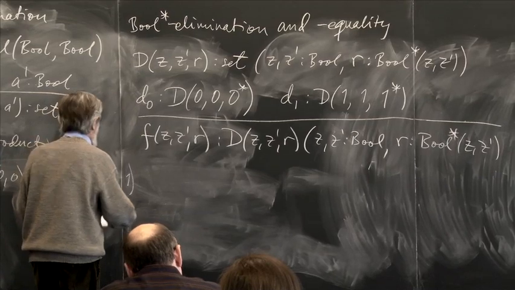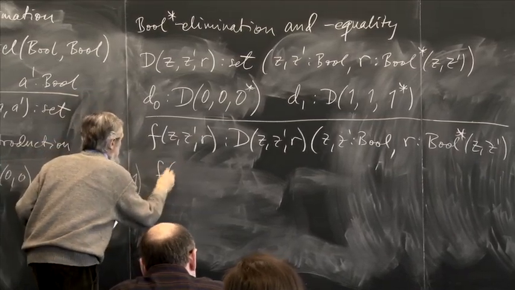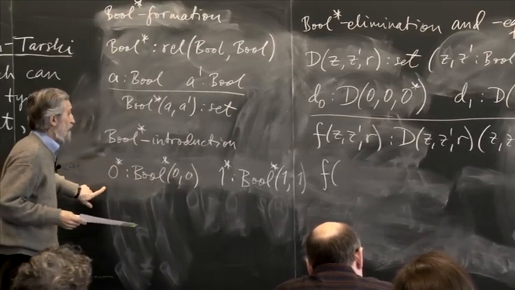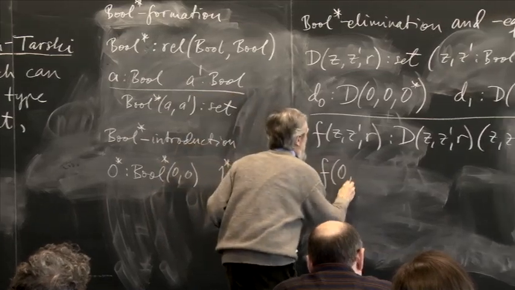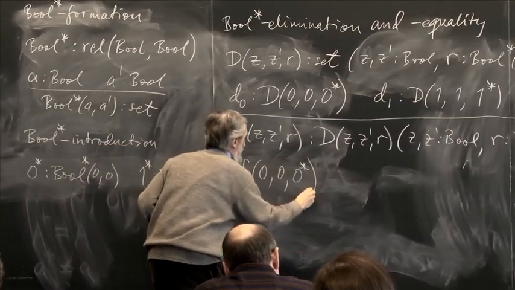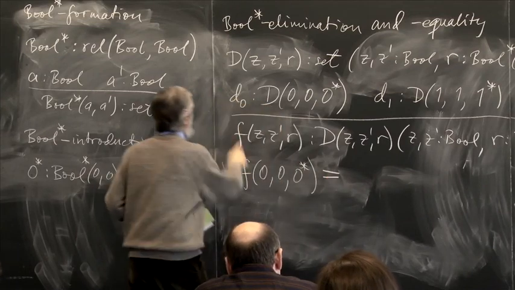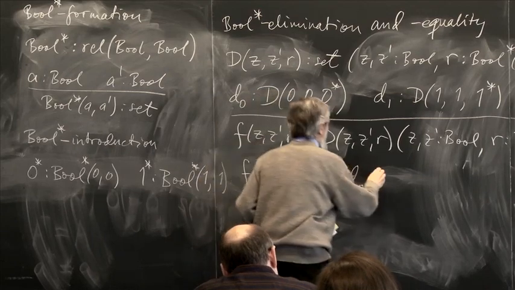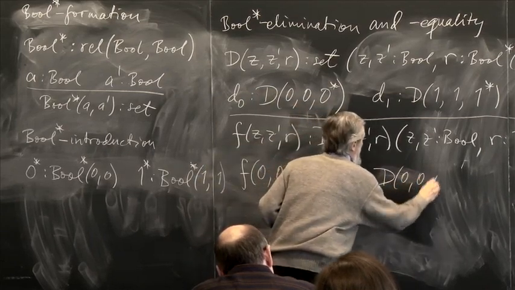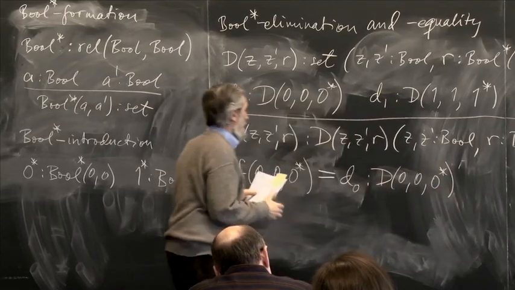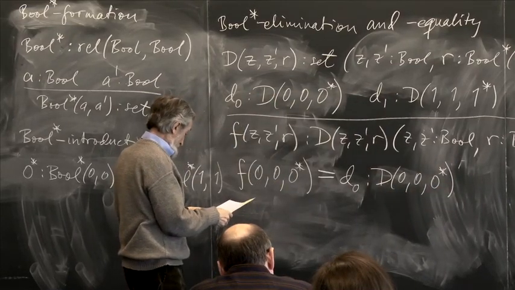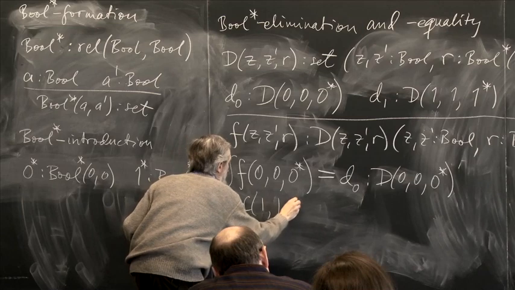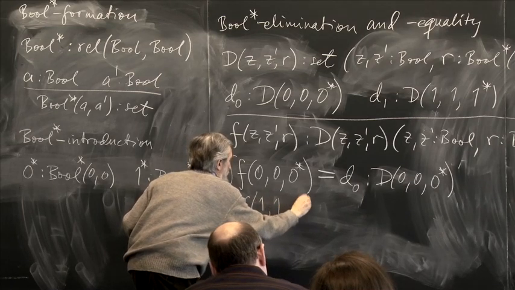We have to put in the arguments as we get them from the introduction rules. So f of 0, 0, 0 star should be set equal to D0, which has type D of 0, 0, 0 star, and similarly then for 1, 1, and 1 star.